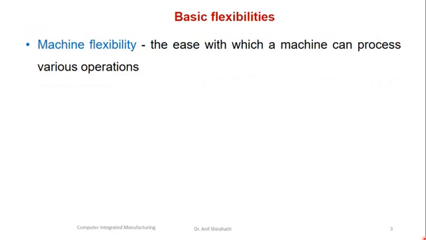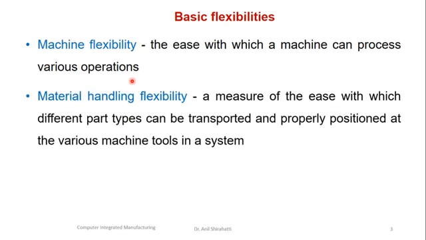So there are three types of flexibility. First one is basic flexibility, which starts with machine flexibility. Machine flexibility is nothing but the ease with which a machine can process various operations. Second one is the material handling flexibility, a measure of ease with which different part types can be transported and properly positioned at various machine tools in a system.